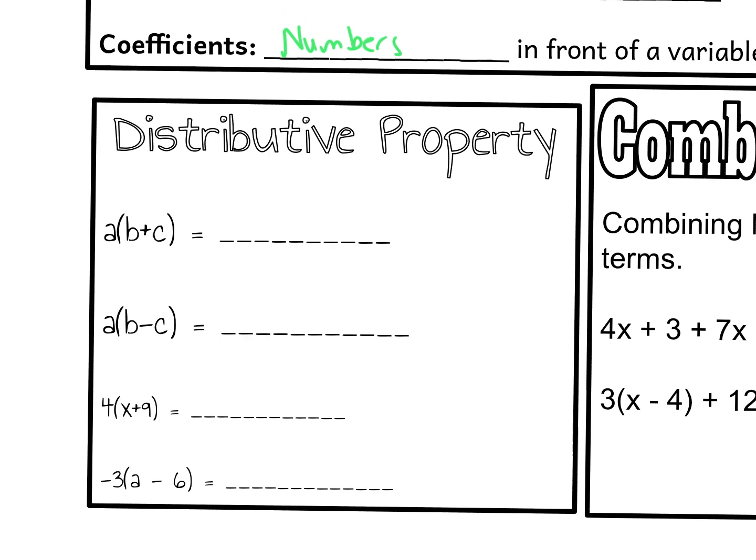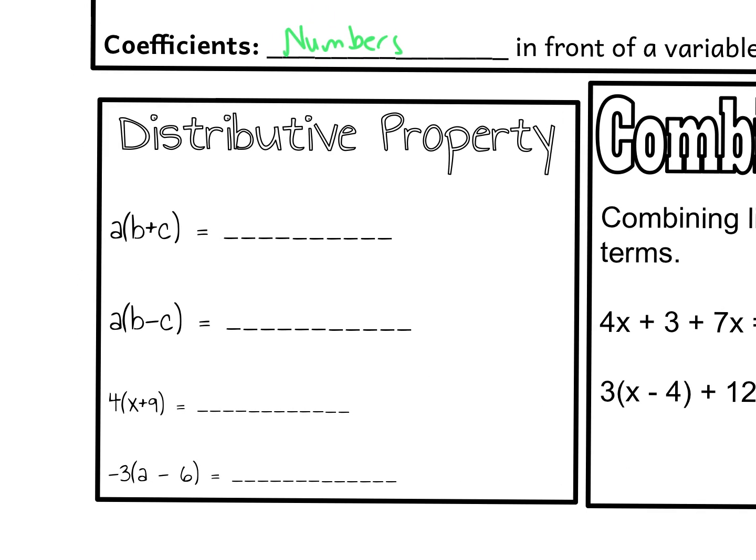All right. The main part of what we're going to introduce today is the distributive property. What it means is we're basically taking what's outside the parentheses that's being multiplied and distributing it to everything inside the parentheses.